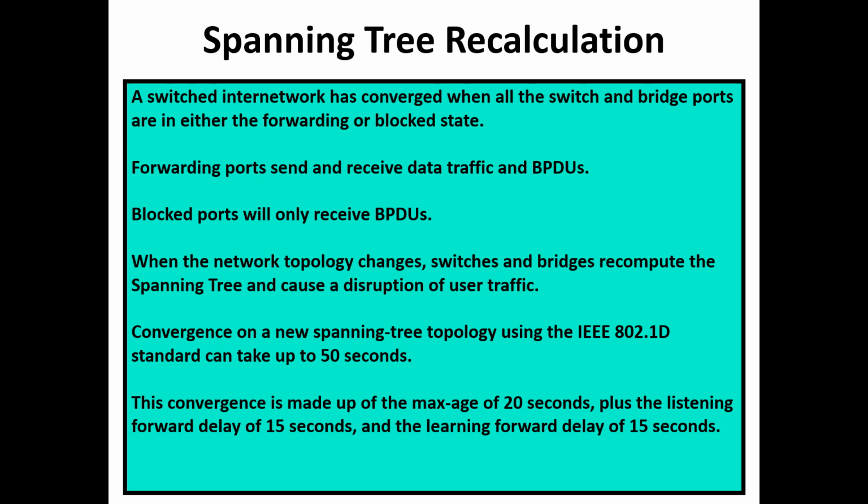The reason why blocked ports receive BPDUs is that only then will it come up, if it receives BPDUs, right? In case of any port failure or switch failure, when the network topology changes, switches and bridges recompute the spanning tree and cause a disruption of user traffic. Convergence on a new spanning tree topology using the IEEE 802.1D standard can take up to 50 seconds.